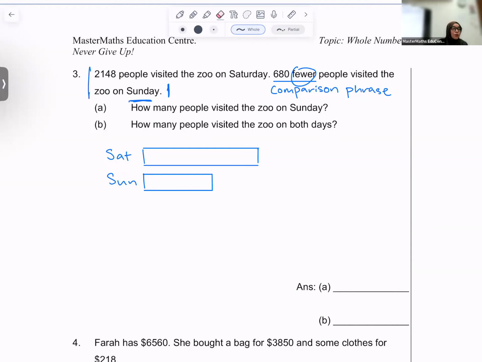Give me a thumbs up if you're done with drawing this part of the model. Thank you, Iman. Thanks, Sumaya. Thank you, Suyin.